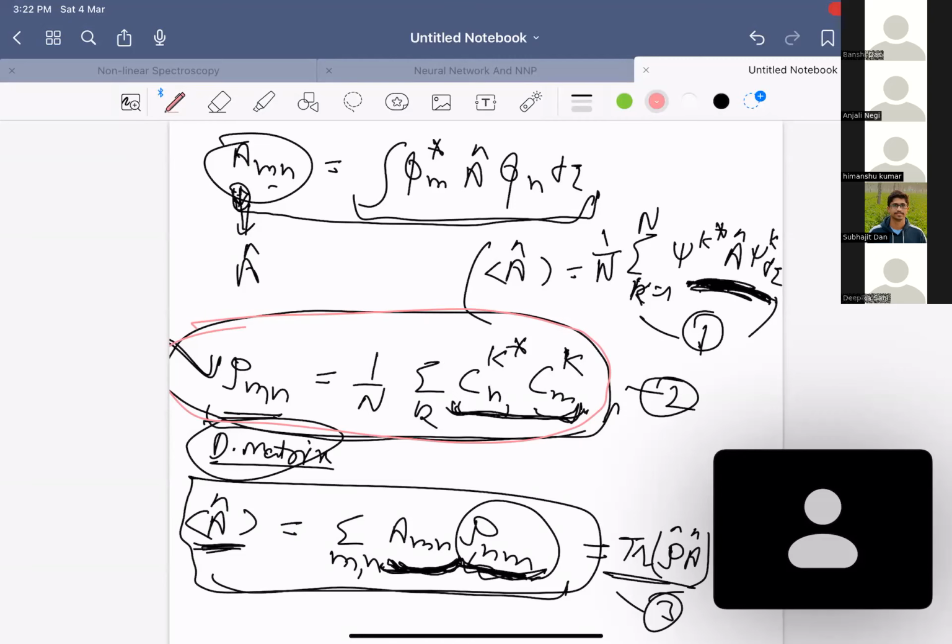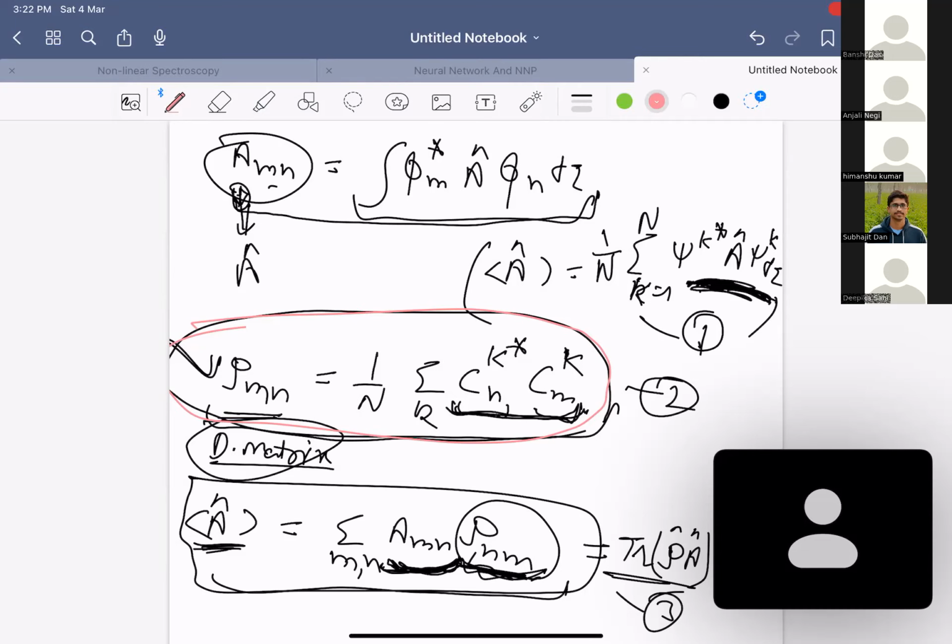But here, in the two subscripts, rho mn means the density in the Hilbert basis. What do you mean by density? It means what is the correlation between two Hilbert states, the overall correlation.